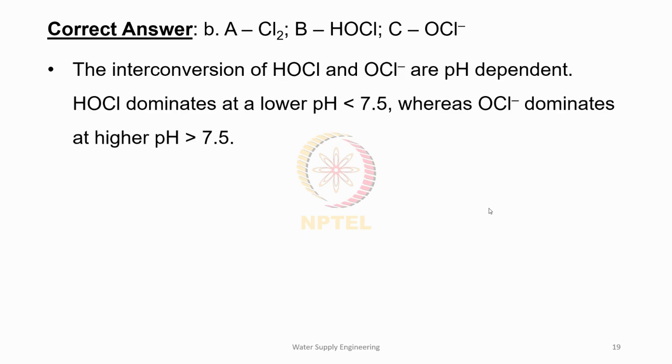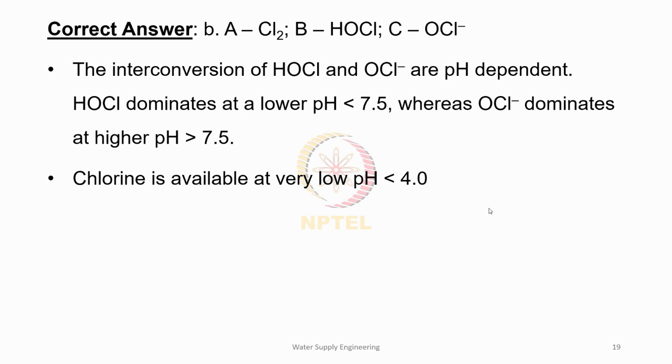As we had seen earlier, the interconversion of HOCl and OCl minus is pH dependent. At lower pH, that is pH less than 7.5, HOCl or hypochlorous acid will dominate, whereas when the pH is greater than 7.5, hypochlorite ions will dominate.